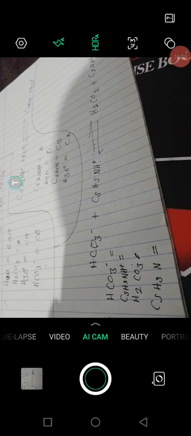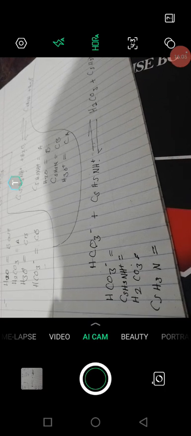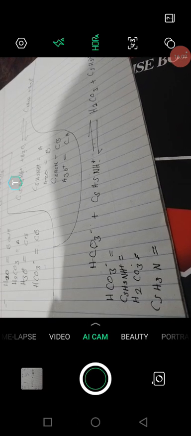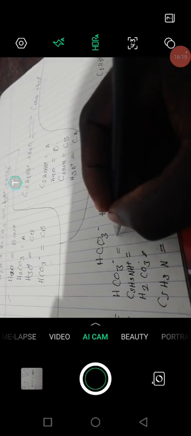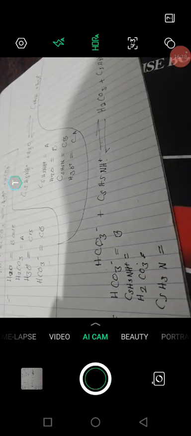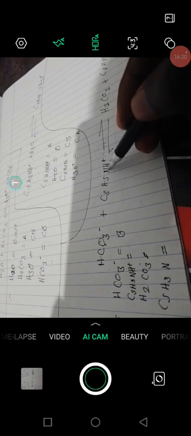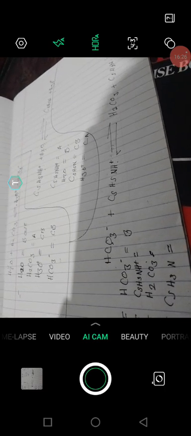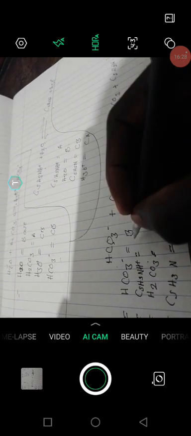As it receives a hydrogen, it is a base. Note that Bronsted and Lowry defined a base as a proton acceptor. So this one is a base. If this one is a base, this one is an acid. If you find something is a base among the reactants, this one has to be an acid. So this one is an acid.